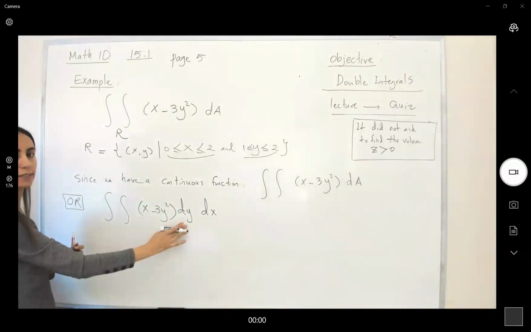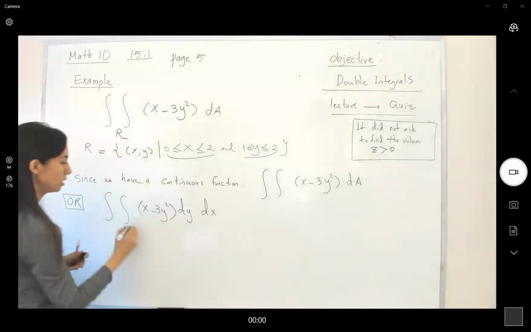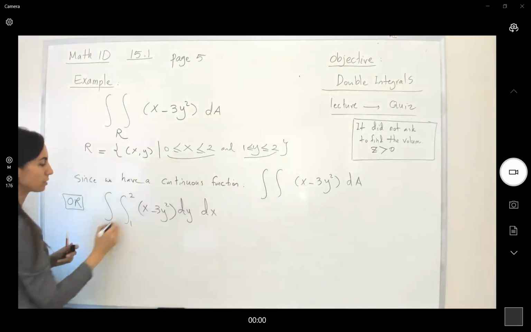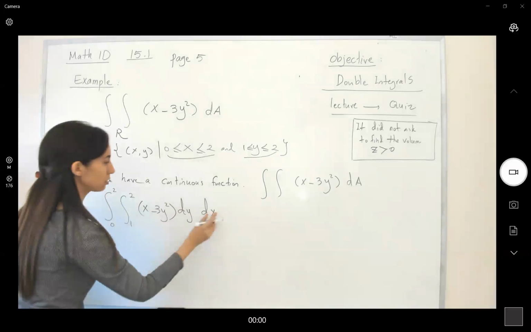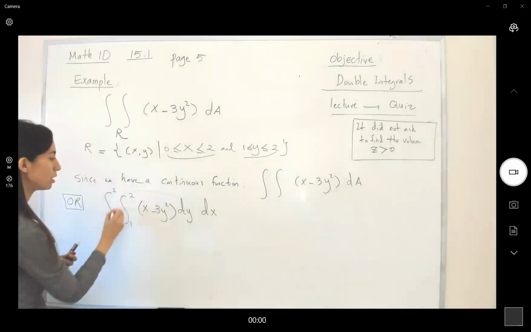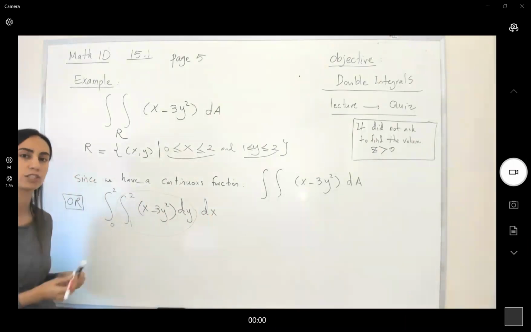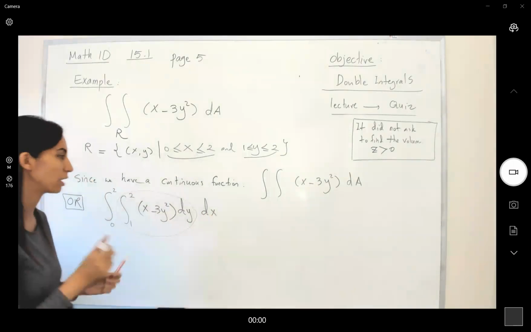So I'm going to take the integral with respect to y first. My lower limit is 1, my upper limit is 2. For x, it is 0 and 2. So now you can take the integral with respect to y, and then take the integral of that quantity with respect to x. There you go.